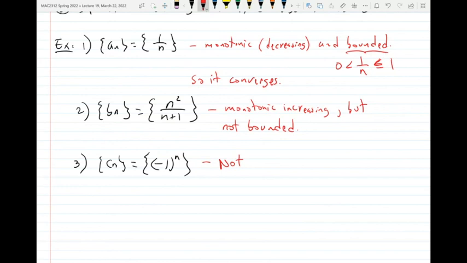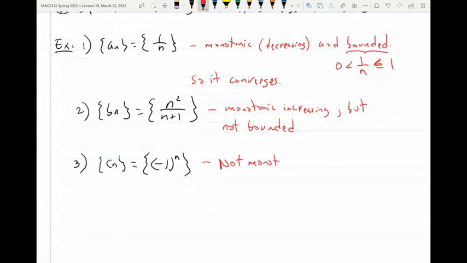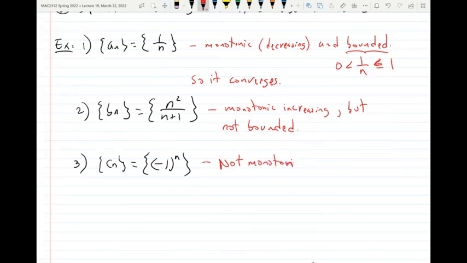So you see, having one of the two properties is not enough. It's only when you combine the two properties that you force the sequence to converge. So this is not monotonic, but it is bounded, right? (-1)^n is always between 1 and -1. In fact, it's one of the two all the time. It's bounded, but it diverges.